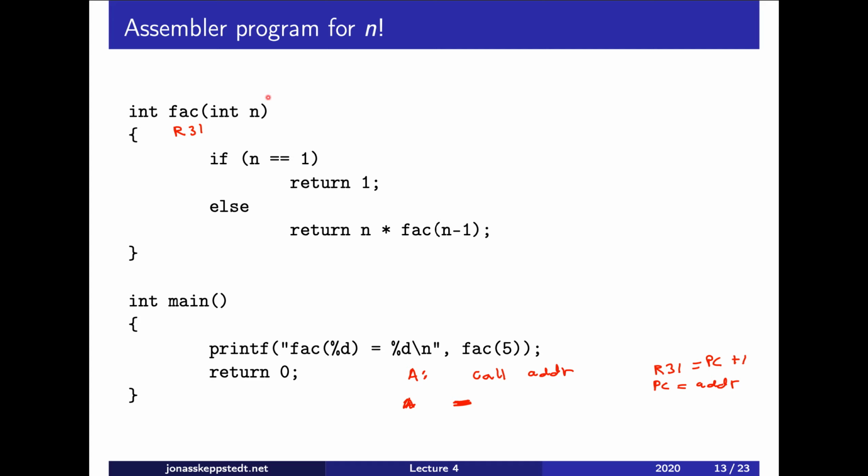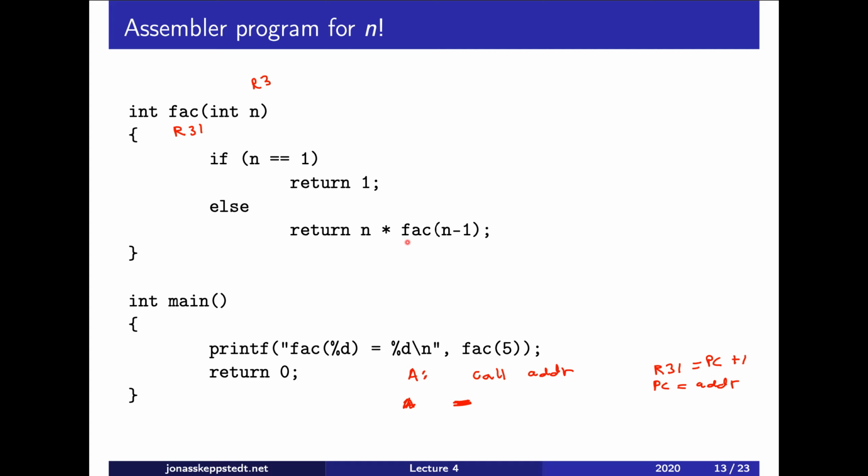Well, the parameter must be stored somewhere, and we store it in the same register as in power. That means the first parameter is stored in R3, the second in R4, etc. What I'm trying to do is that you should realize that you need to save this somehow.